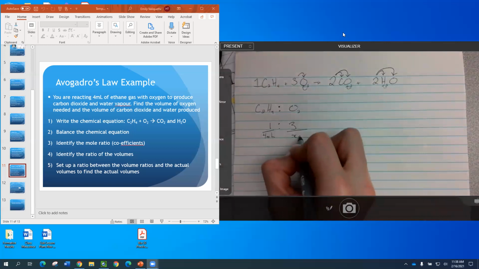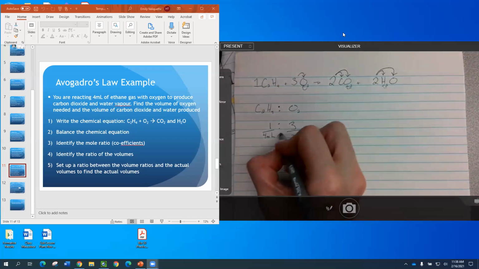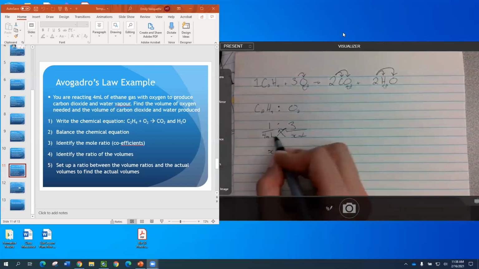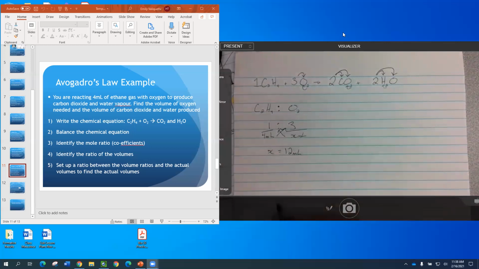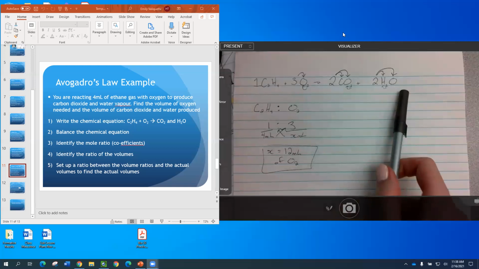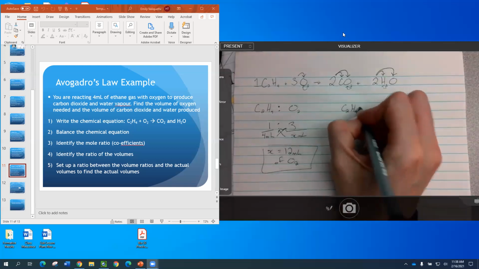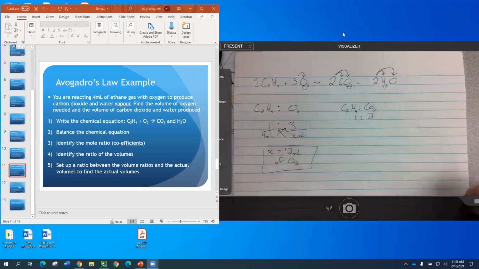I want to know how many milliliters that will be of the oxygen. So I'm just going to cross multiply. X times 1 is X, and 4 times 3 is 12 milliliters. So I will have 12 milliliters of oxygen needed. And then I'll just do the same thing for my carbon dioxide and my water as well. So ethane to carbon dioxide is a 1 to 2 ratio.